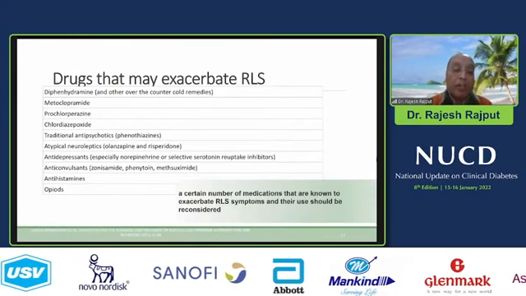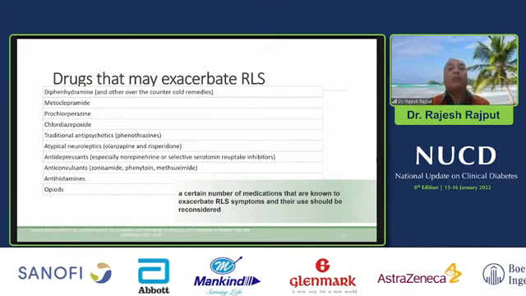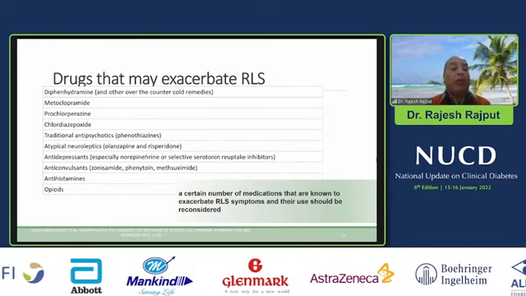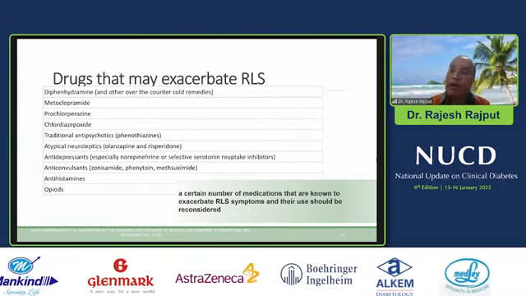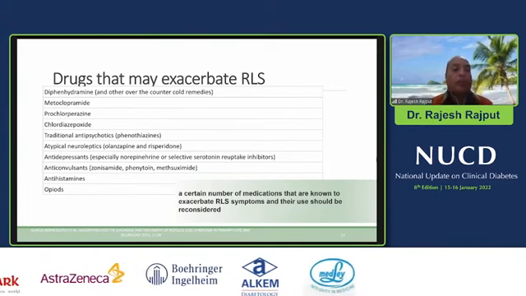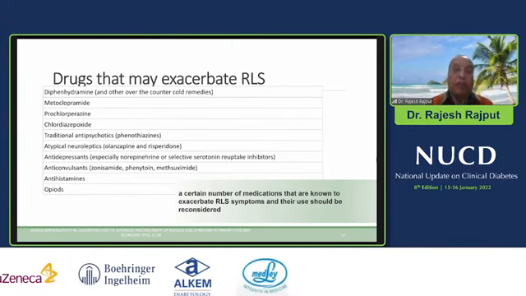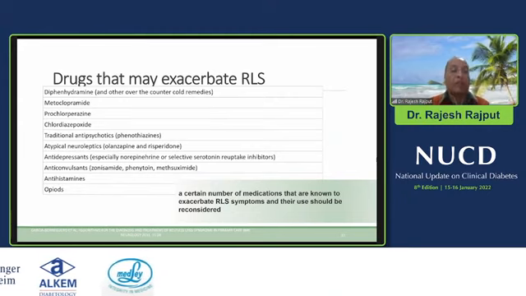There are a number of drugs which we commonly use in patients with diabetes which actually exacerbate restless leg syndrome, like metoclopramide. We use it for gastroparesis and other disorders. We use antidepressants, like we have discussed for diabetic painful neuropathy, which can again exacerbate restless leg syndrome.